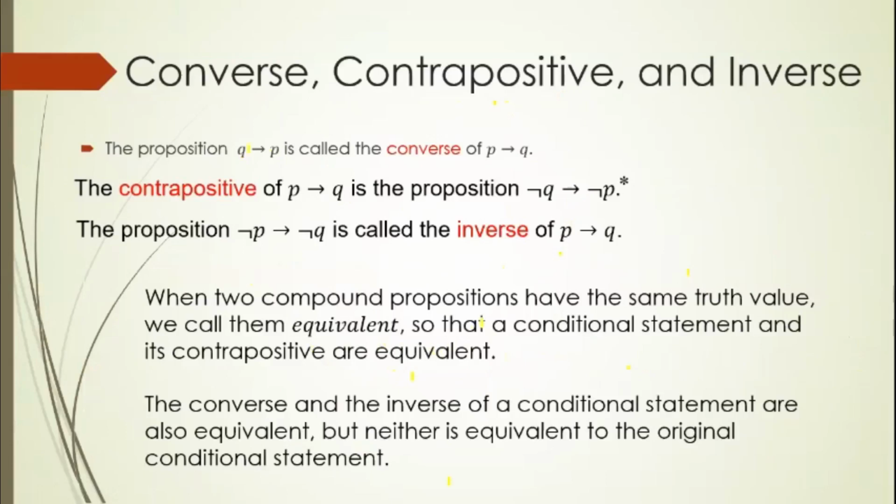When two compound propositions have the same truth value, we call them equivalent. So a conditional statement and its contrapositive are equivalent. The converse and inverse of a conditional statement are also equivalent, but neither is equivalent to the original statement.